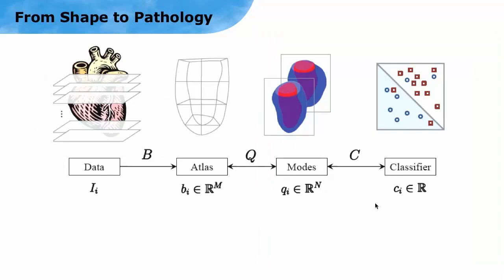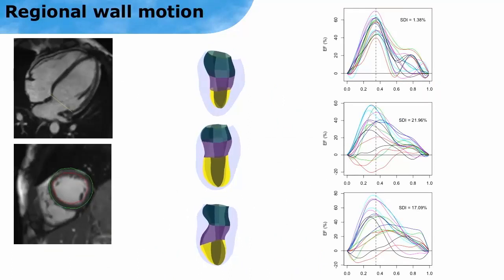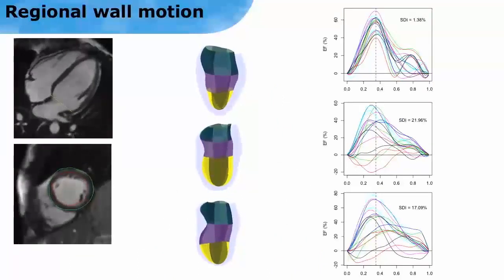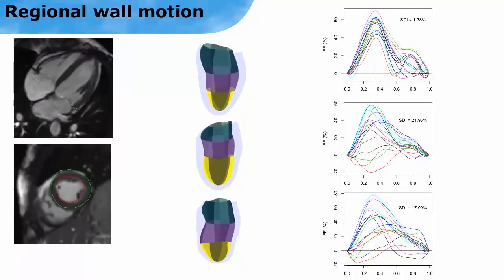So once we have that, we can design classifiers for particular pathologies and determine how much our shape and motion is matching the population with that pathology. So the idea there is that we can do this in a shape sense, but also in a motion sense.